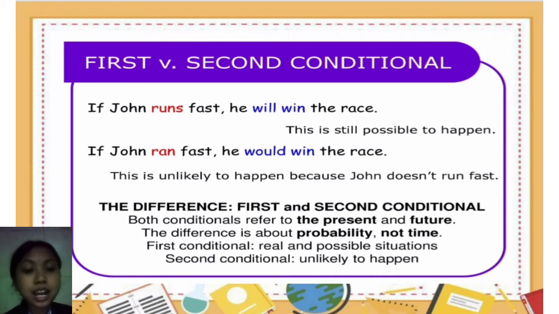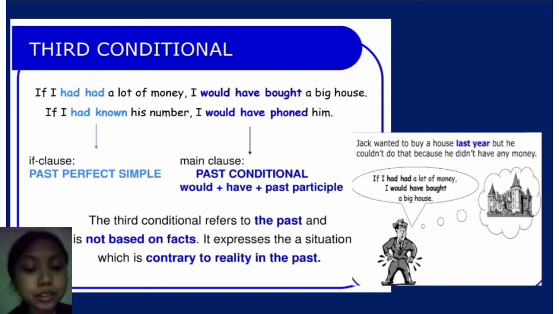Next, we have the third conditional, where the if clause uses past perfect simple, and the main clause uses past conditional, would plus have plus past participle. Here is the example of the third conditional. The if clause: if I had known his number. You can see from its verb, which is past perfect simple.